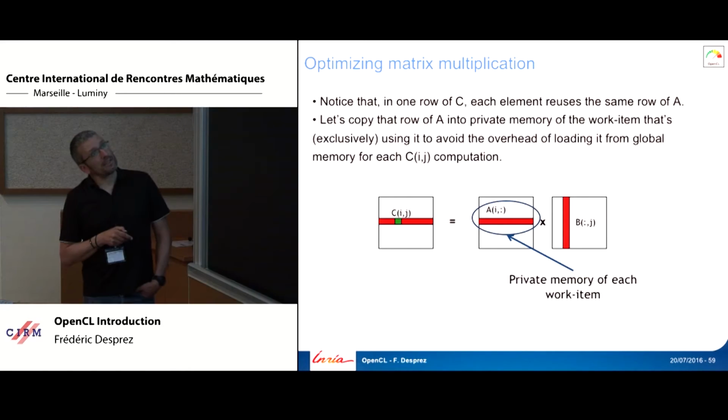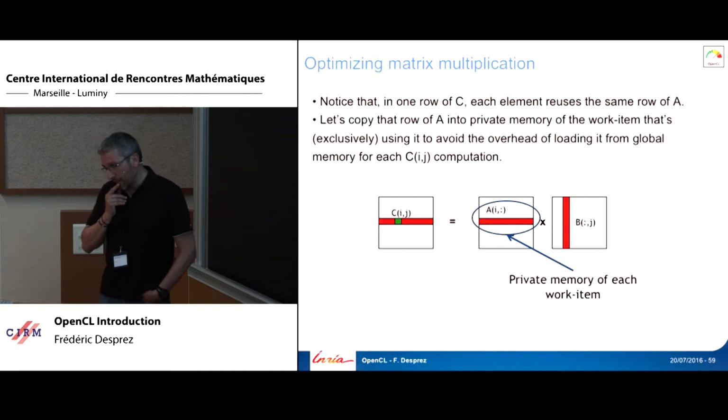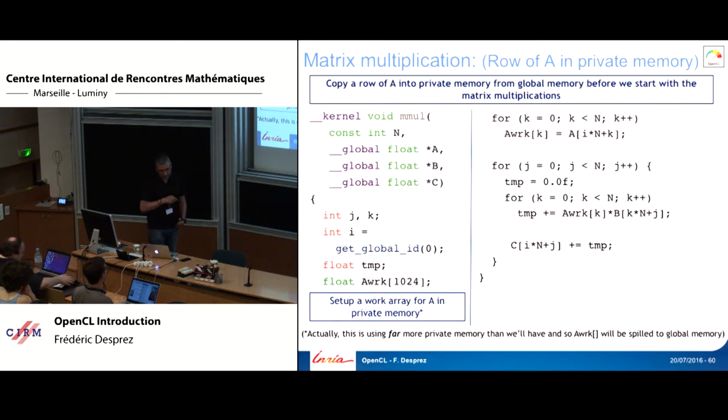Now we can notice that it will be better to put the row of A in the private memory of each work item because it's reused quite easily. If we put each row of A in private memory, it will be more efficient, and it will avoid having this memory copy each time.